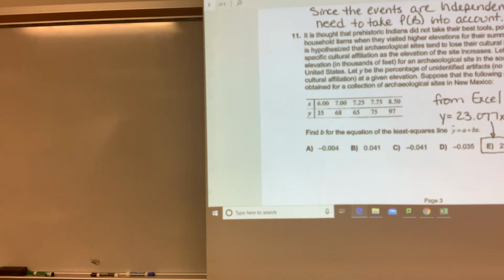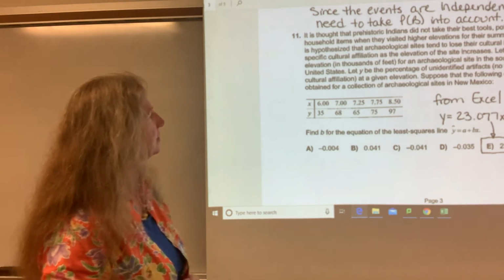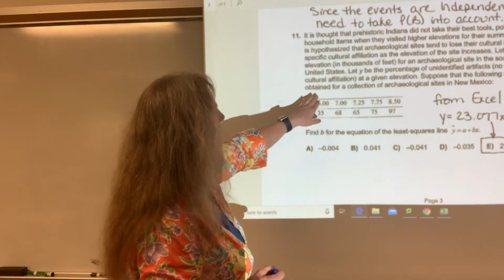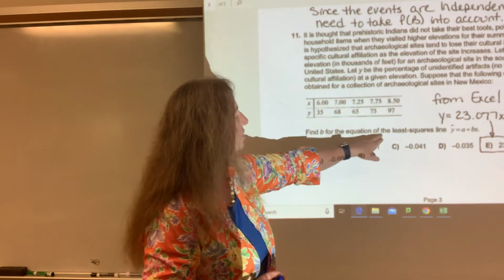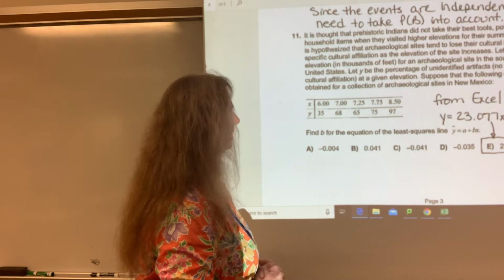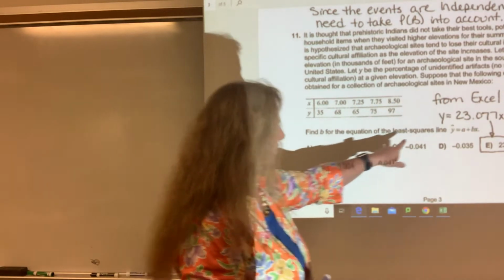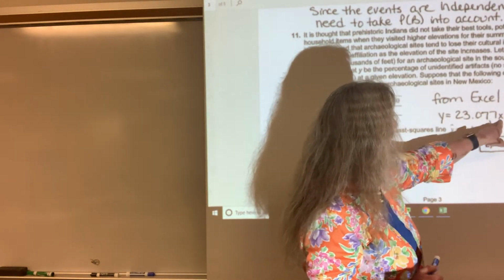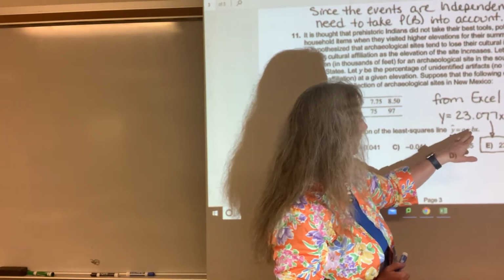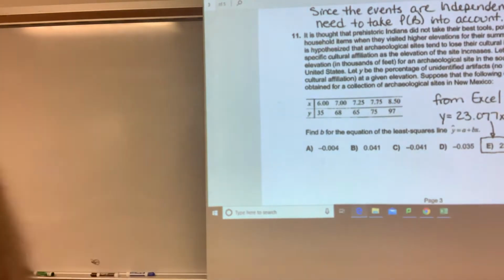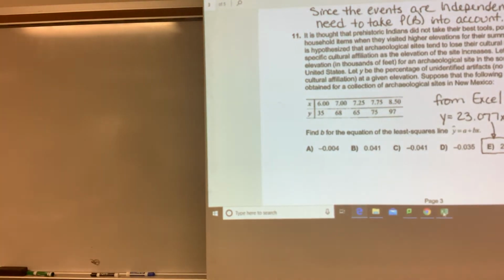So number 11, it's thought that prehistoric Indians, I'm not going to read all of this. We want to know the equation for the least squares line. We want the B portion, so that's the part by the X in this format: y hat equals a plus bx. So let's go to Excel. Again, I prefer to do it in Excel.